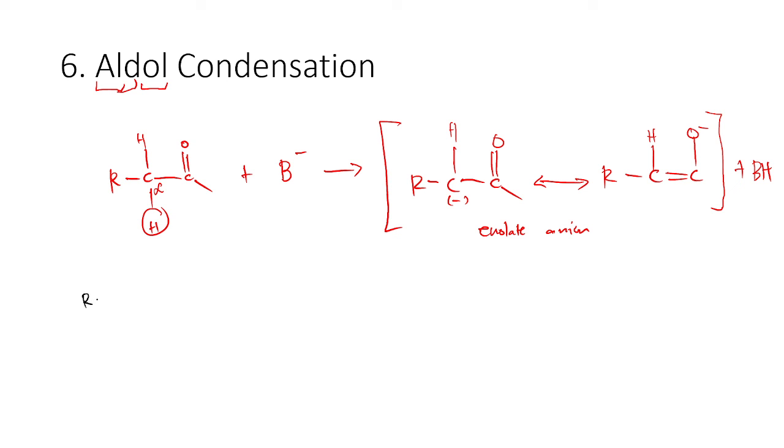For example, I have here another aldehyde. Say we have here RCl, whatever its attachment is below. And we add our enolate ion. Let's just use a structure wherein the carbon has our negative charge.